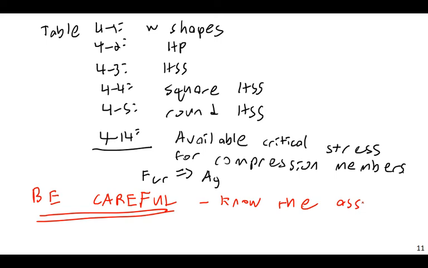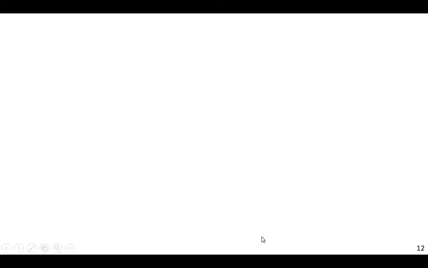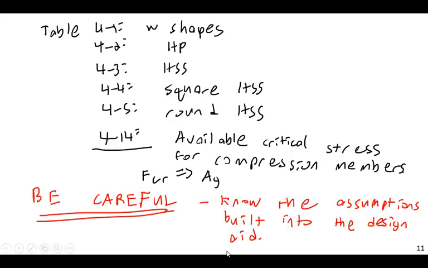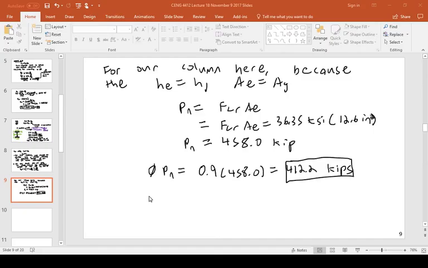So read all the notes, read all the notations, read all the sidebars, and know the assumptions built into the design aid. Design aids are useful, but they are also dangerous if you don't know what you're doing. Okay, that'll do it for this portion of the lecture, and we'll continue on with part 3.